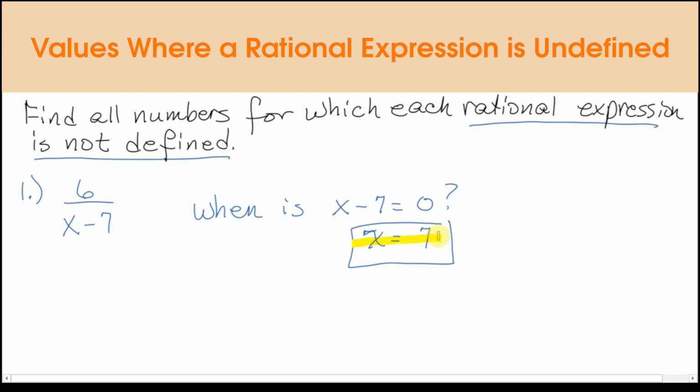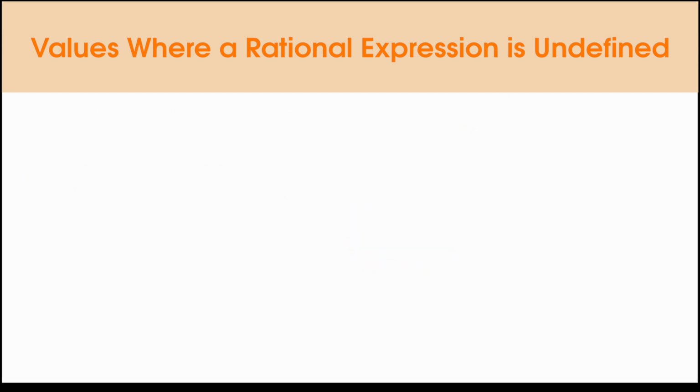Okay, let's look at another example. Suppose we have x squared plus 10 over x squared minus 5x minus 24. We want to know, when is this rational expression not defined?